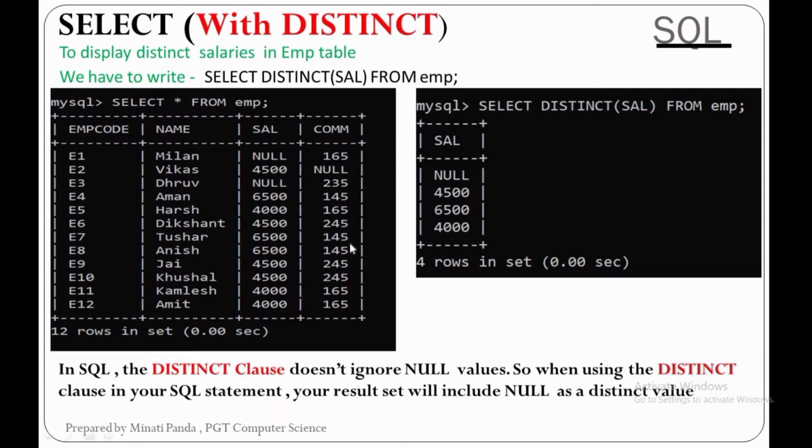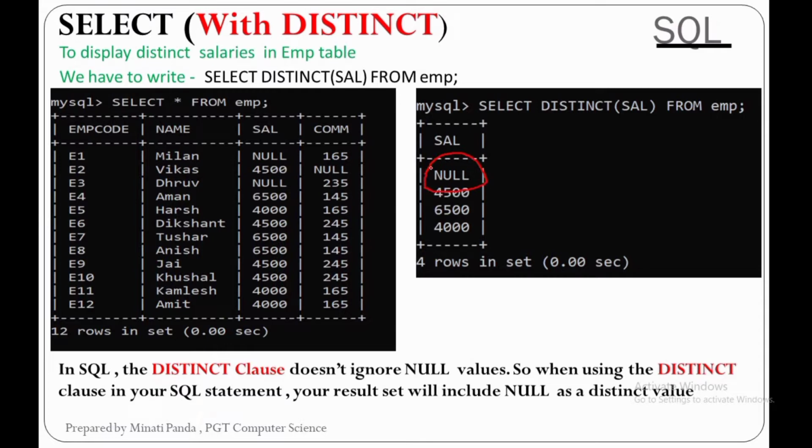To remove the duplicate values from the EMP table, we have to write SELECT DISTINCT SAL FROM EMP. It will remove all duplicate data from the EMP table.